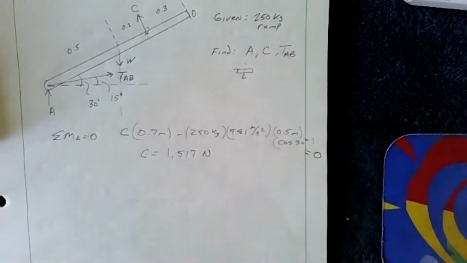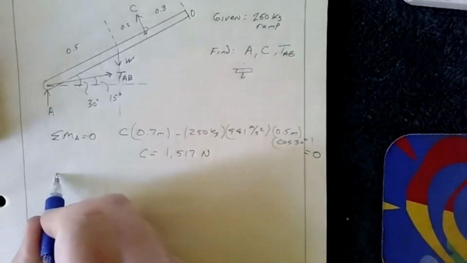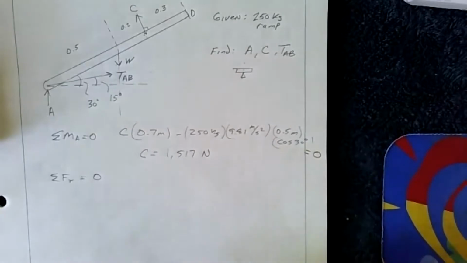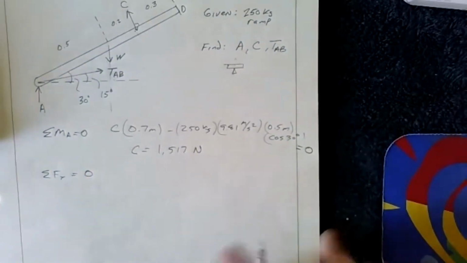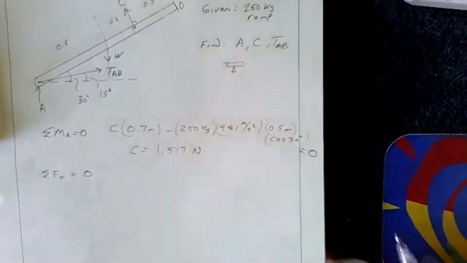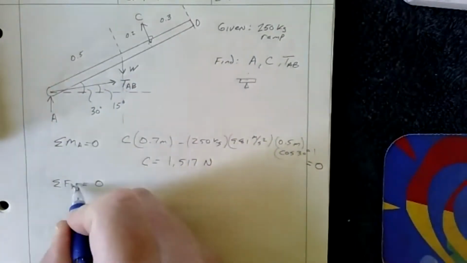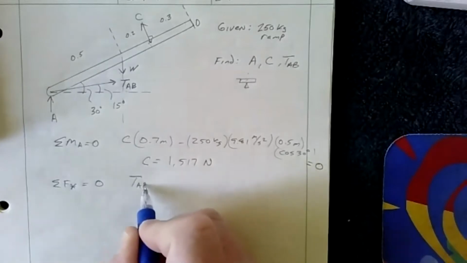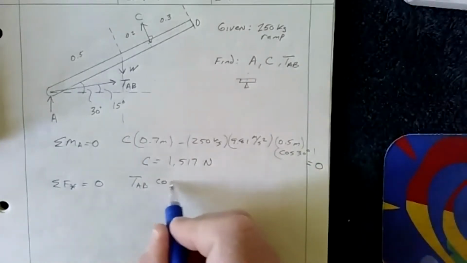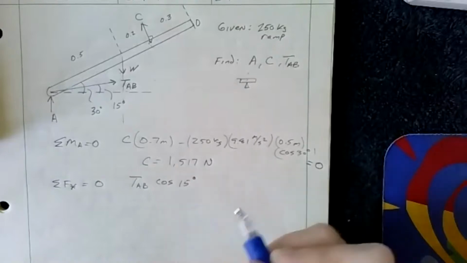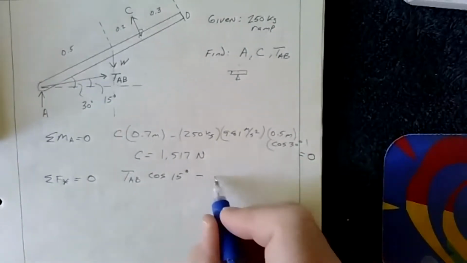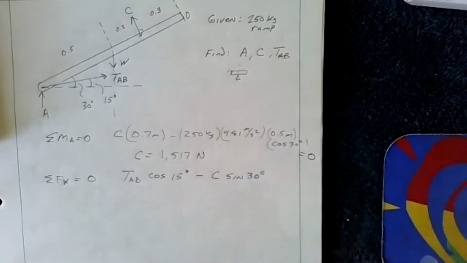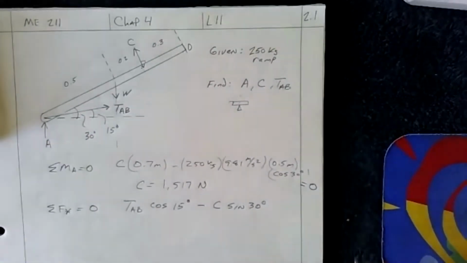1,517 newtons. So now if we want to find the others, we'll sum the forces in the x to 0. Because A is completely vertical, we know that the tension AB times cosine 15 degrees minus C sine 30 degrees. Where did I get that?